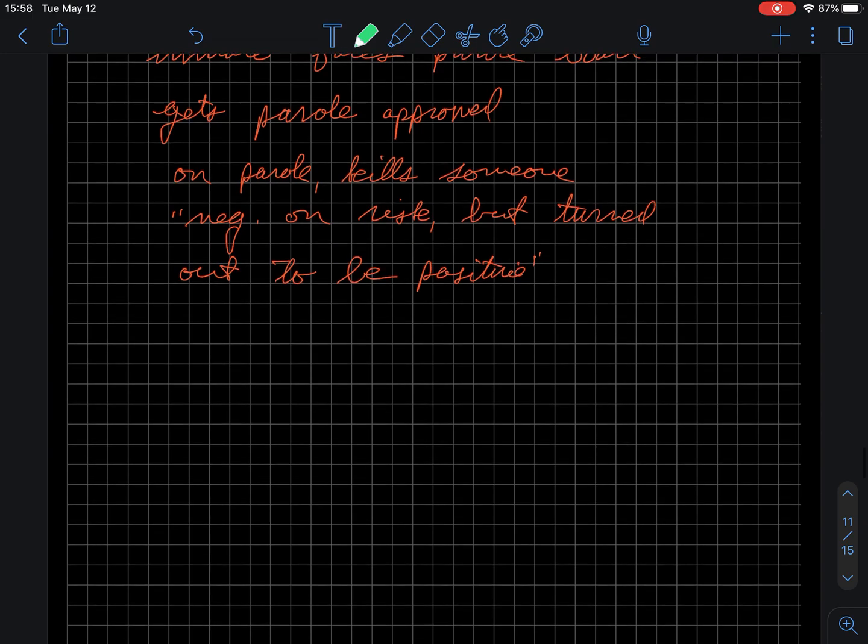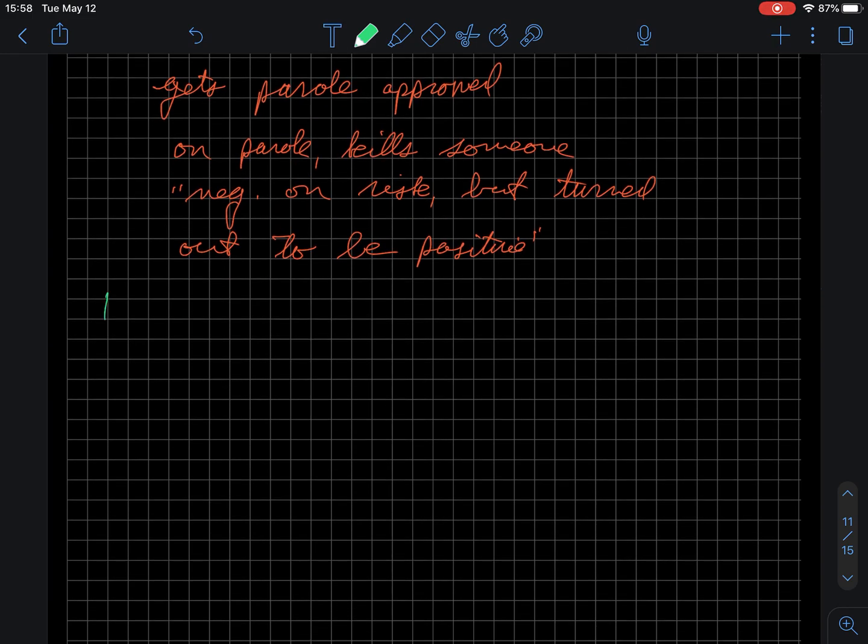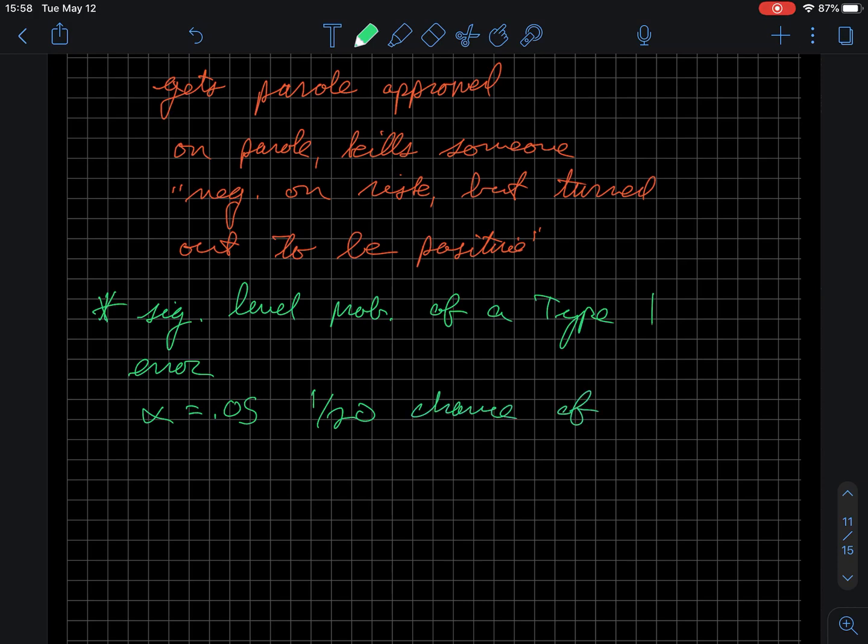And something to keep in mind, we'll make a little note here, is that the significance level is the probability of a type 1 error. So if we set alpha to 0.05, there is a 1 in 20 chance of a false positive.